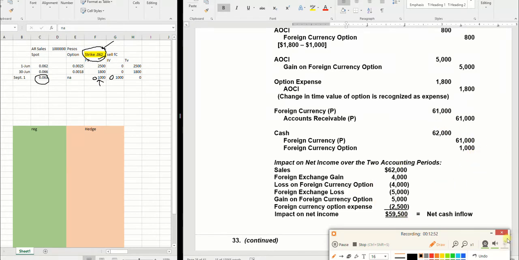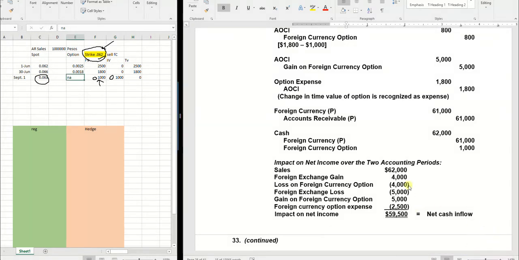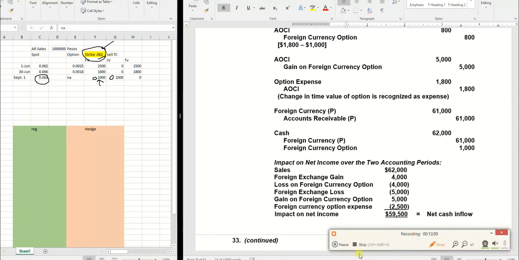So my impact on 2 accounting periods is I simply go through here and add up the gains and losses. So I had a gain offsetting a loss, a gain offsetting a loss, and then I had option expense of $2,500.